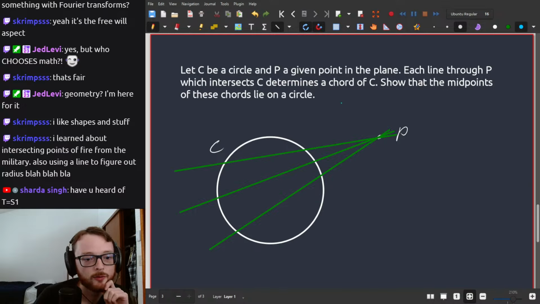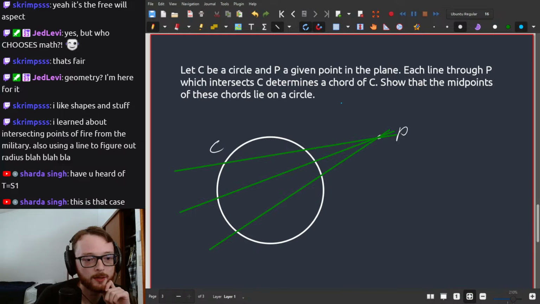And so these lines make chords in the circle. Chords intersect a circle in 2 spots. So like from here to here is a chord. And so the midpoint of that thing is what we're interested in.